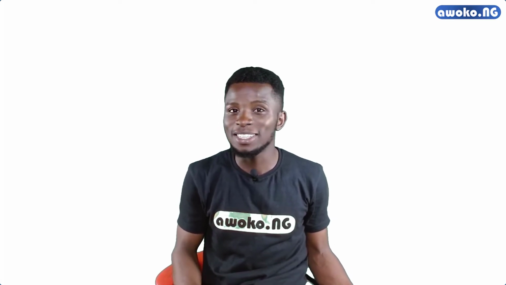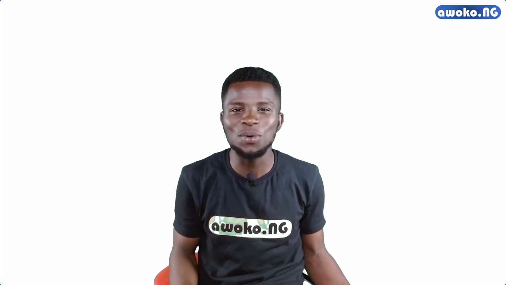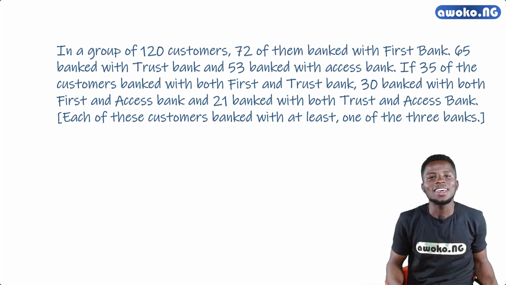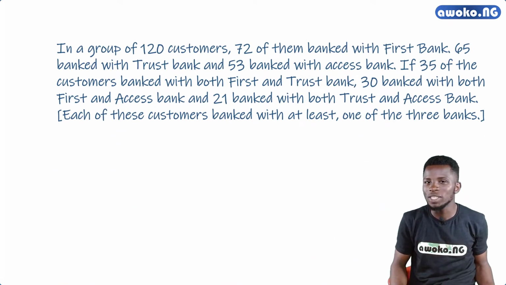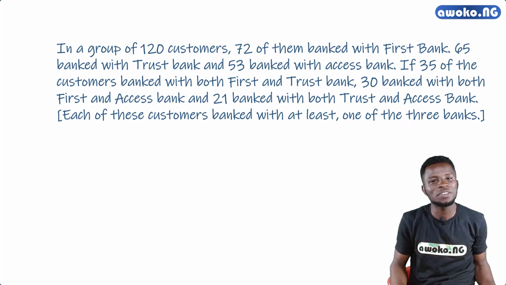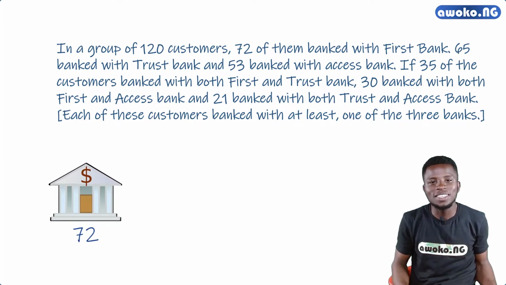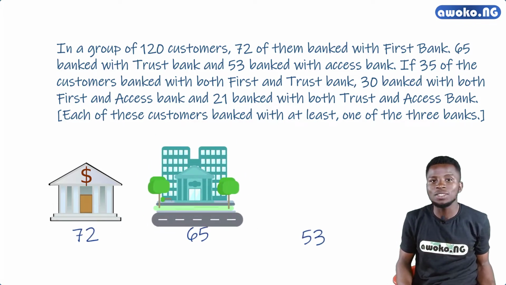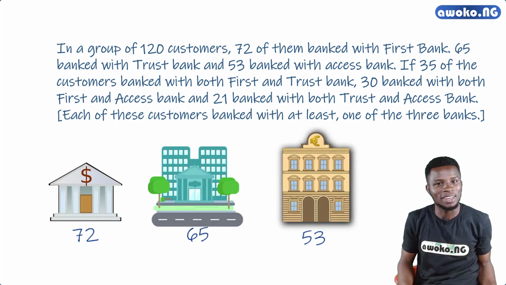Hi, today we'll talk about the three sets problems, and today we are going to solve a likely exam question. The problem is, in a group of 120 customers, 72 of them banked with First Bank, 65 banked with Trust Bank, and 53 banked with Access Bank.